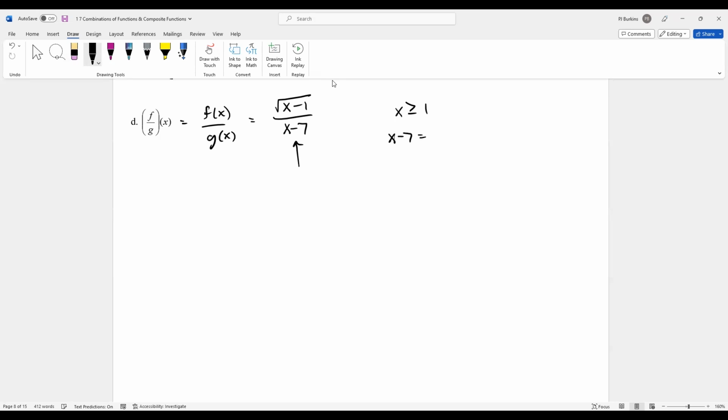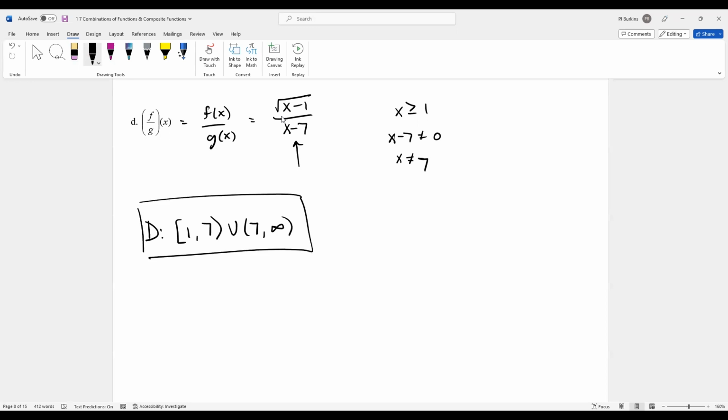So this can't be 0, which means x cannot be 7. So x has to be greater than or equal to 1, and x cannot equal 7. So now my domain, combining those two, is 1 up to 7, not included, and from 7 on to infinity.